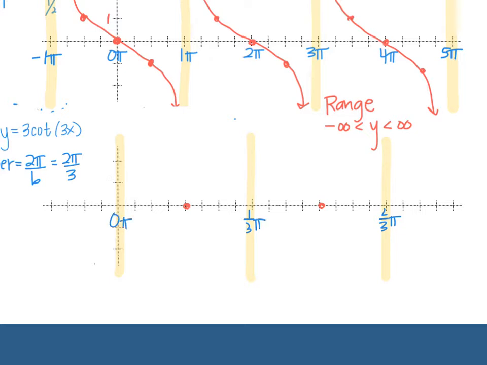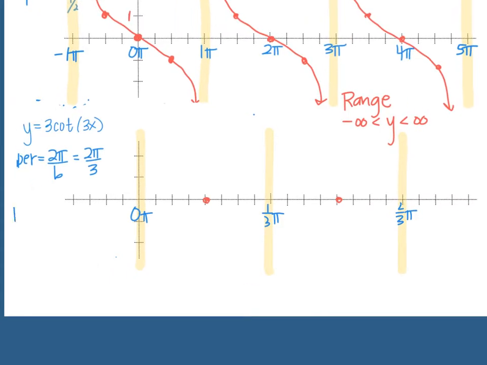And I've got 3 asymptotes there. So those are the 3 I can use for my domain. So my domain will be all real numbers except 0 pi, 1/3 pi, 2/3 pi, etc.